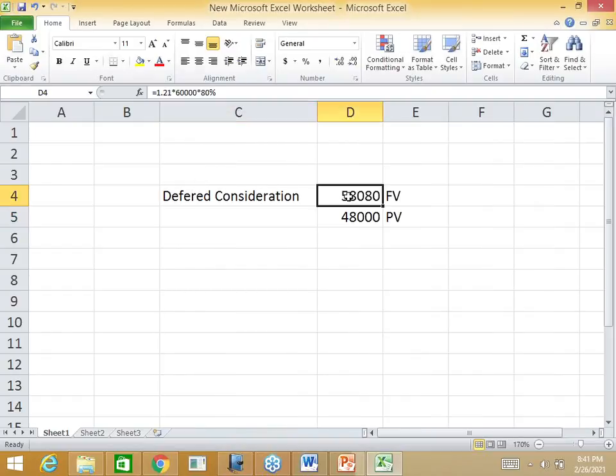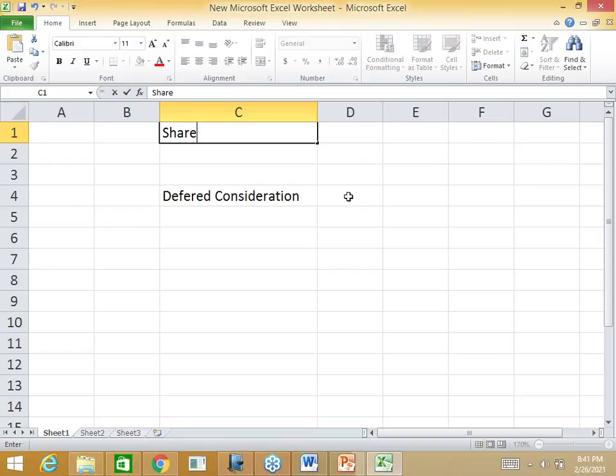Consideration. So what I have done, I'm just repeating the figures again. The total number of shares which the company has is 60,000. You can see on the balance sheet there are 60,000 shares of the subsidiary company.